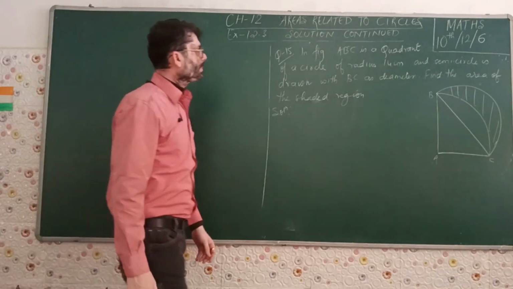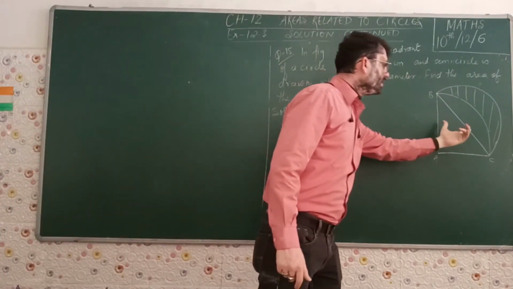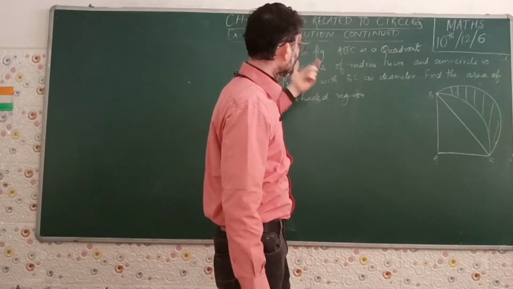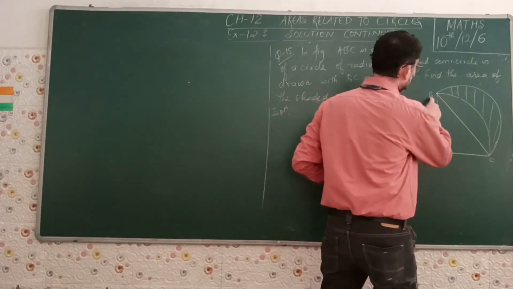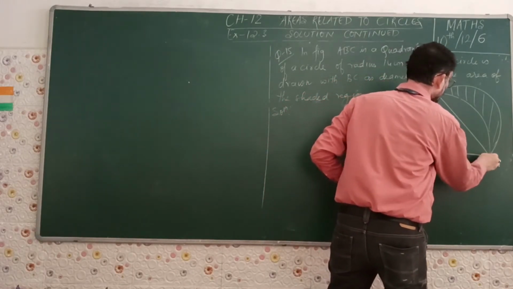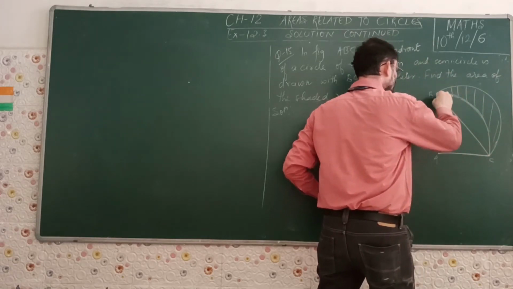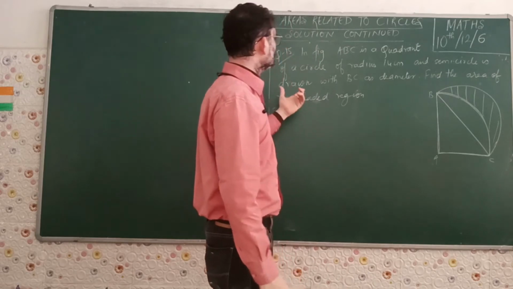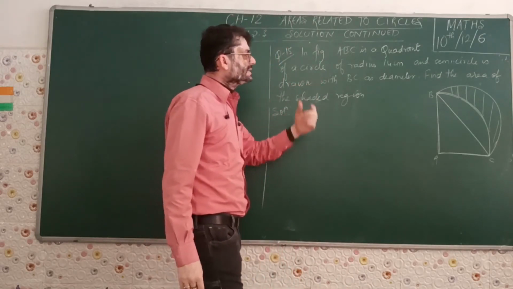Question number 15. In the given figure, the figure is given to us. ABC is a quadrant. So from here till here, this is a quadrant. And a semicircle is drawn with BC as diameter.